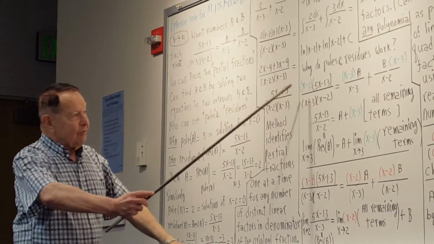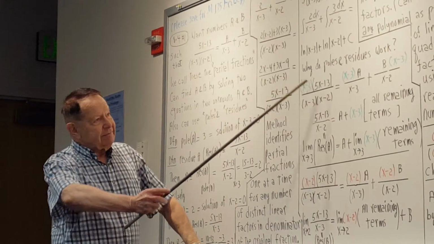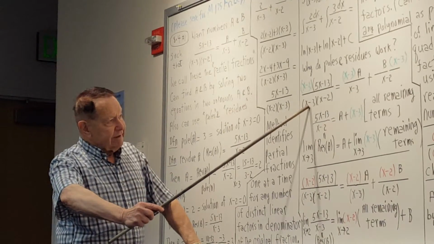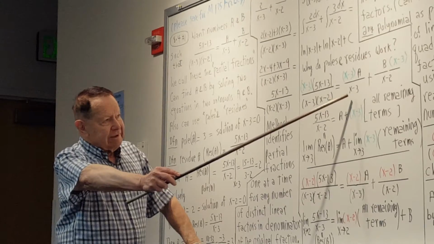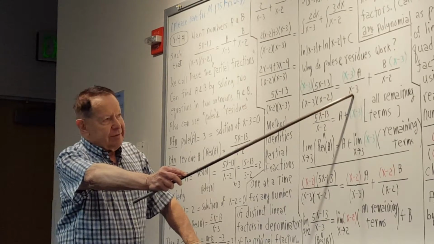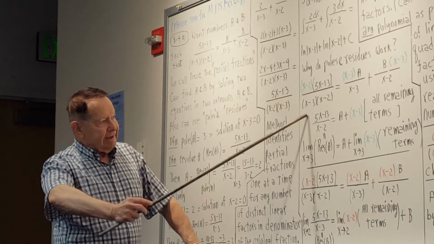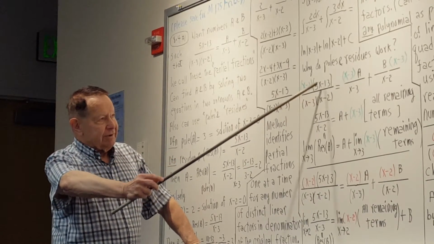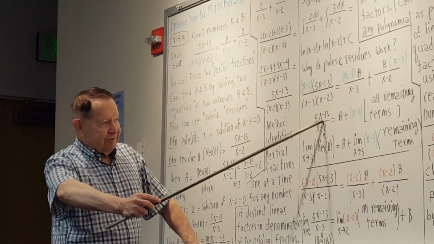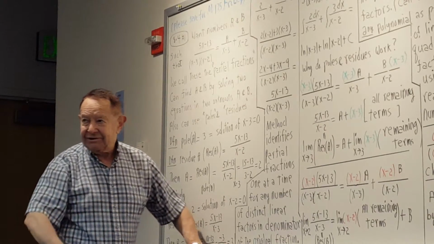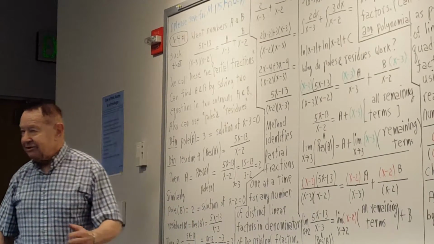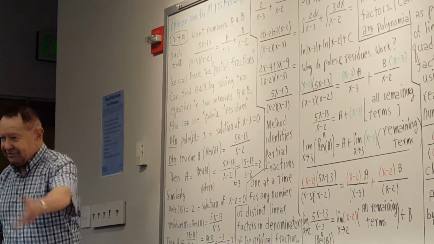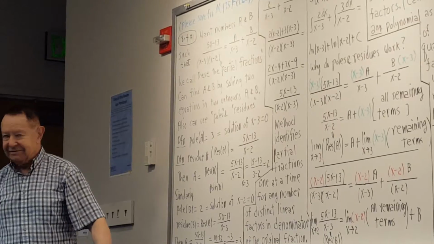When you do, you see the factor in the original fraction corresponding to the denominator of A will cancel out, and it will cancel here. So what it leaves you is what you call a residue. The word residue in English means what's left over after something or other, right?